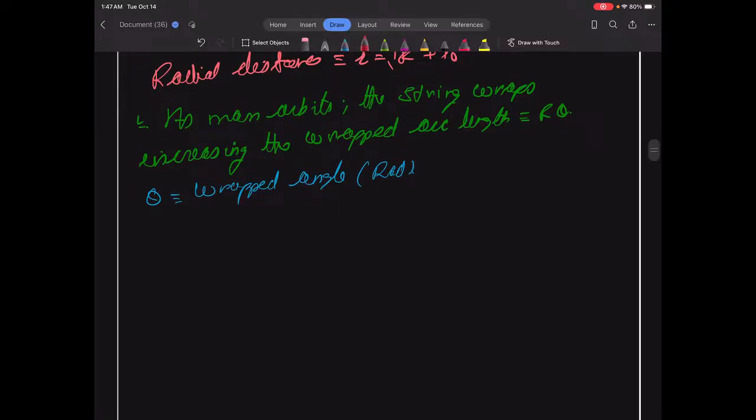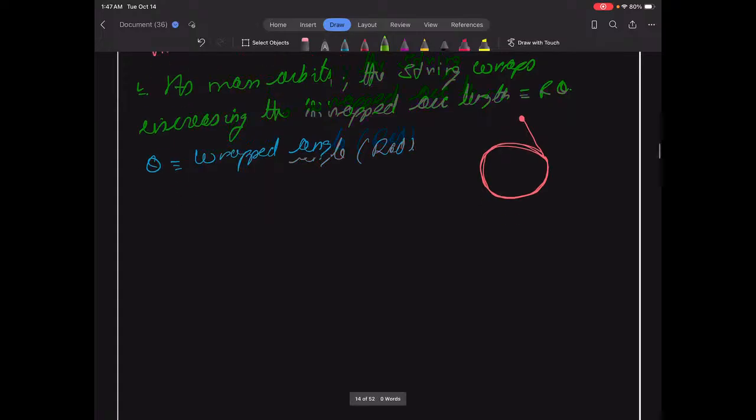So if we look from the top view, we can see that the string is going to wrap something like this, okay, and it will be overlapping with every circle. Okay, in this way the string will be wrapping, and this is our mass, and the string will be wrapping. And so from here we can find out the decrease in free length.